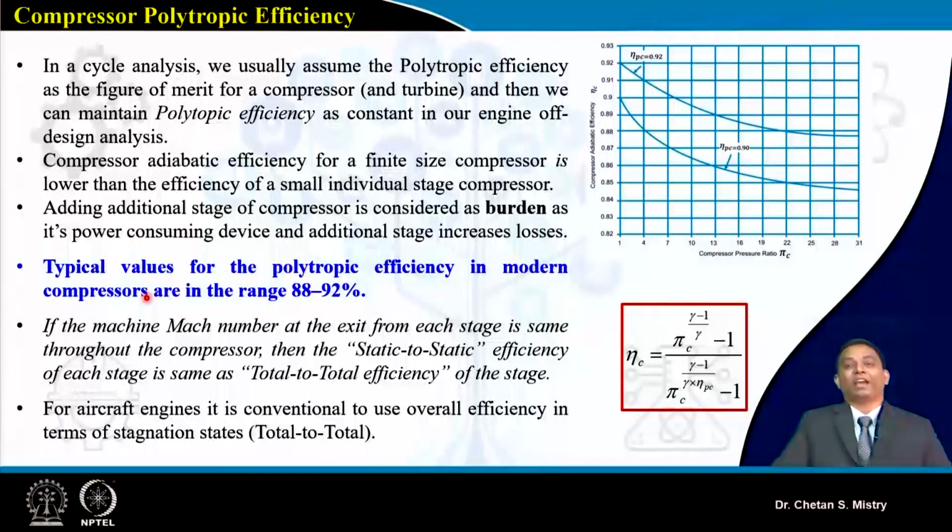Suppose we are targeting an aero engine, and I increase my number of stages because I am looking for higher polytropic efficiency and higher compressor efficiency. Then the number of stages increases the length of my engine. Again, that increases my drag.